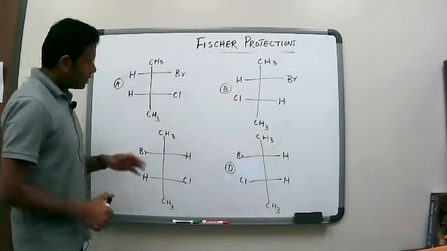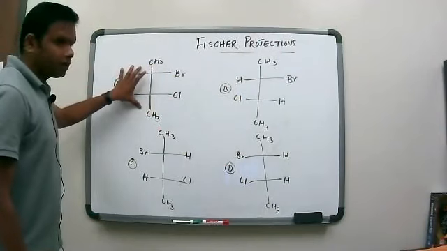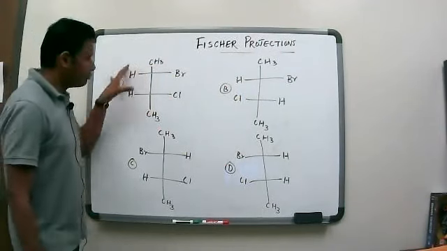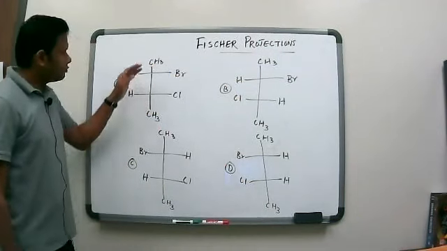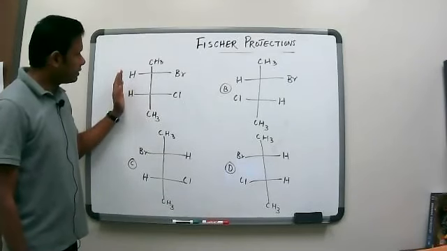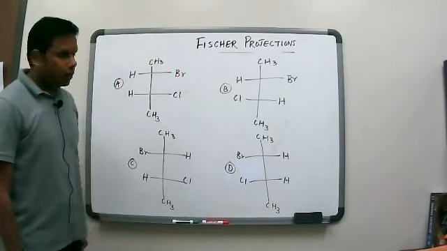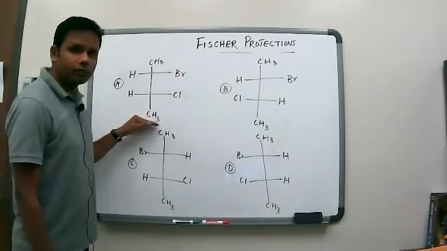Okay, is there a structure here which looks like the mirror image of A? And what we have in A is methyl at the top, methyl at the bottom. Both hydrogens are on the left, Br and Cl on the right. So I think the mirror image would be methyl at the top, methyl at the bottom.